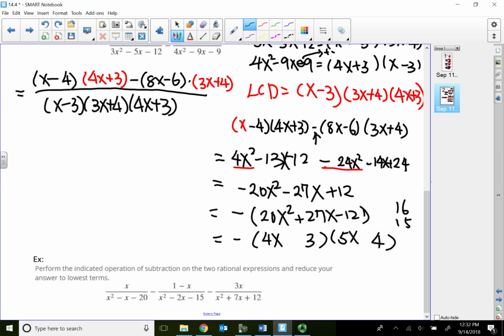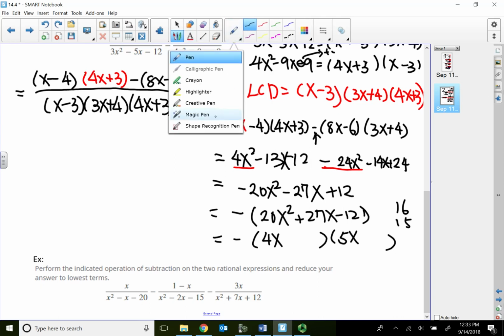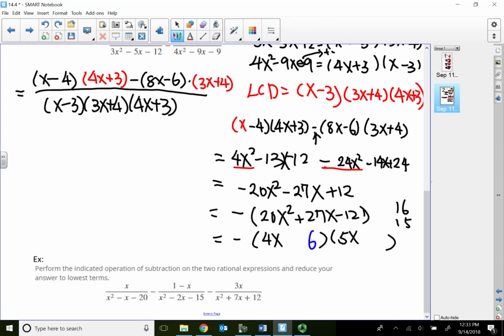That's not going to work. Let me use 6 and 2. That's not going to work either, because if I use 6 and 2 for the 12, no matter where I put the 6 or the 2, I'm going to have a greatest common factor that I don't have.